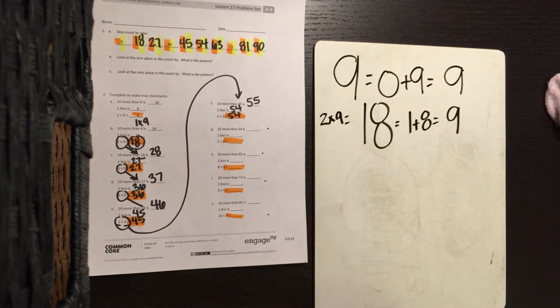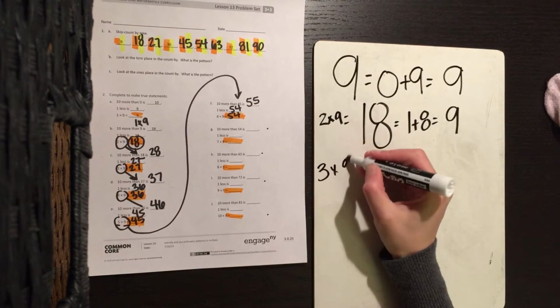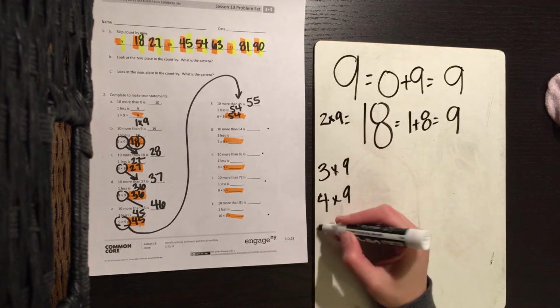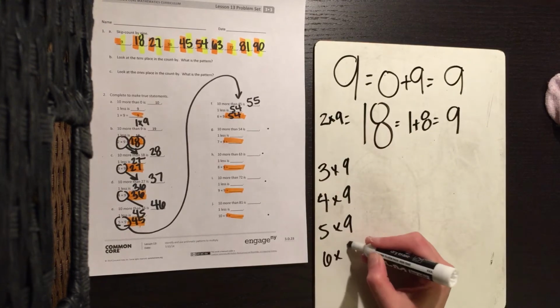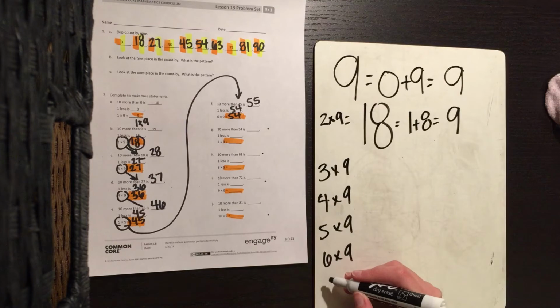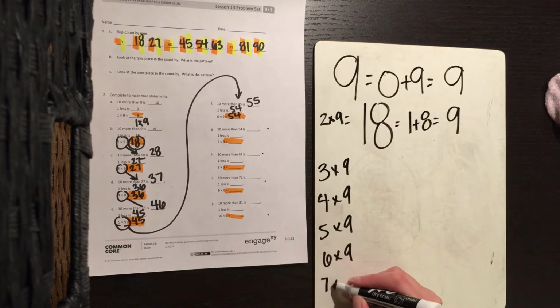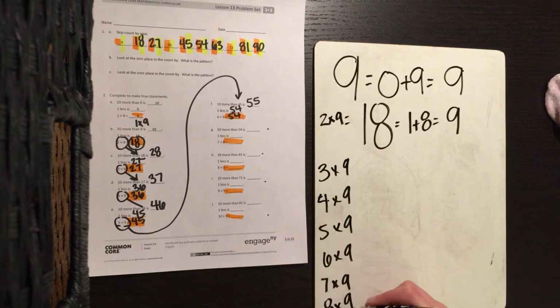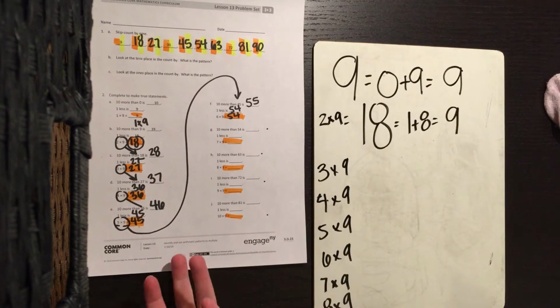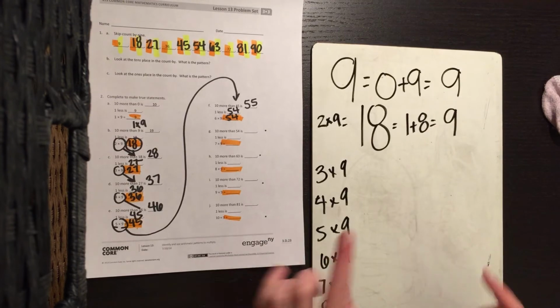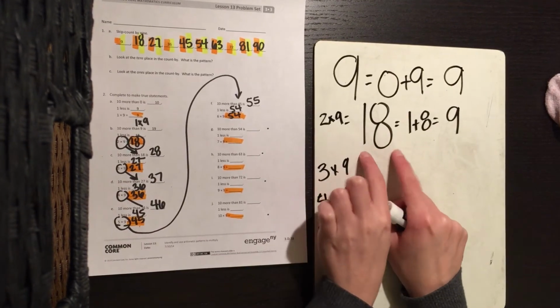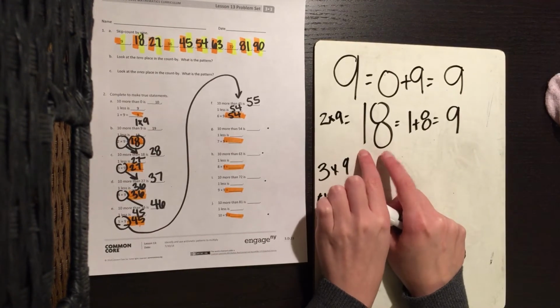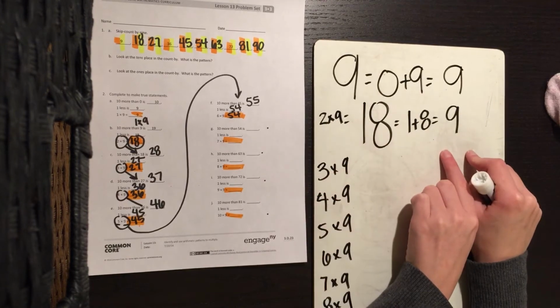So you're going to do 3 times 9, 4 times 9, 5 times 9, all the way down to 10 times 9. You can pause the video and give it a try. Did you notice a pattern? The pattern is when you add the 2 digits when you multiply by 9, the answer is always going to be 9.